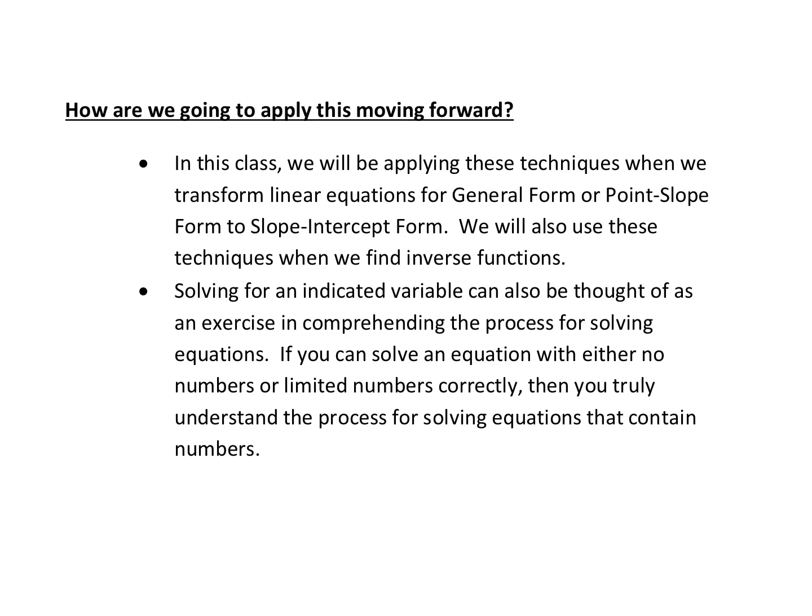In this class, we are going to be applying these techniques when we transform linear equations from general form, for instance example C, and mostly example D, or point slope form, which we haven't talked about yet, to slope intercept form. At the end of the semester, we will also be using these techniques when we find inverse functions. There are not going to be as many letters running around, but we will always have at least the two. We will have the x and the y.